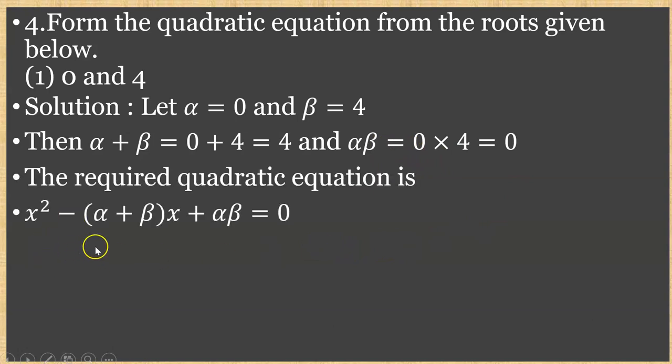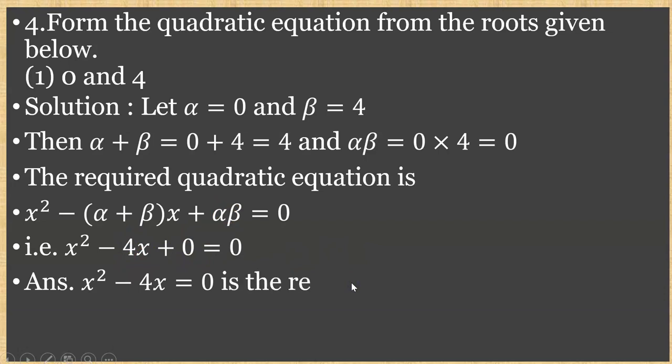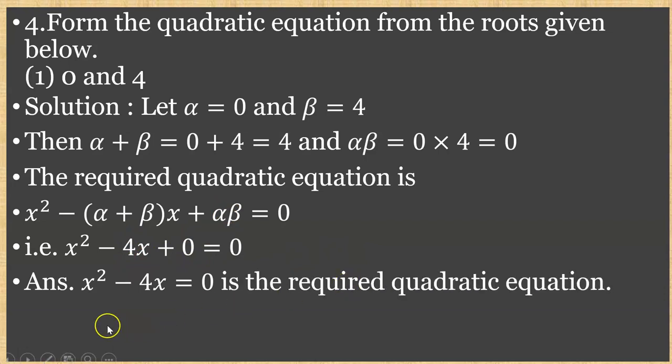Again, x square minus (alpha plus beta) into x plus alpha into beta is equal to 0. That is x square minus 4x plus 0 is equal to 0. And therefore, x square minus 4x is equal to 0 is the required quadratic equation.